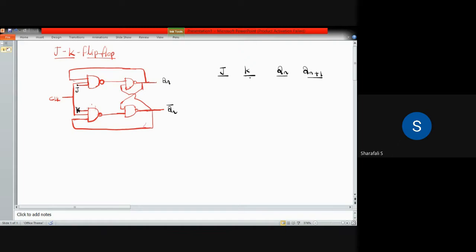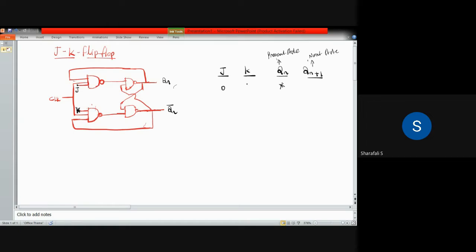Previously we do not have any information about this state Qn because we didn't apply any signal yet. So we do not know the previous, current state. This Qn is nothing but the present state, and Qn plus 1 is the next state.